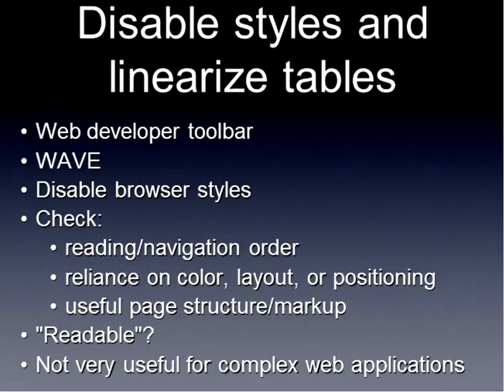If you're dealing with a complex presentation, seeing it in a linearized order can be a little confusing. It does show you that underlying reading and navigation order, but for a complex web app, it's just one of the steps you might want to do in considering the evaluation of the accessibility of it.